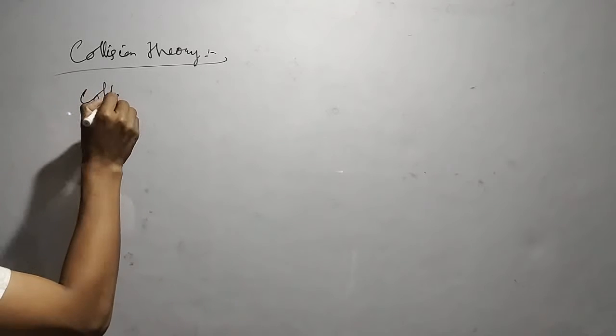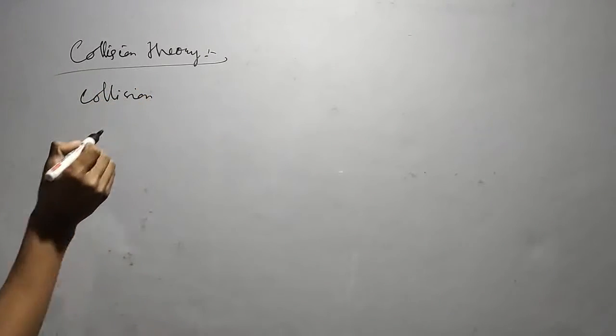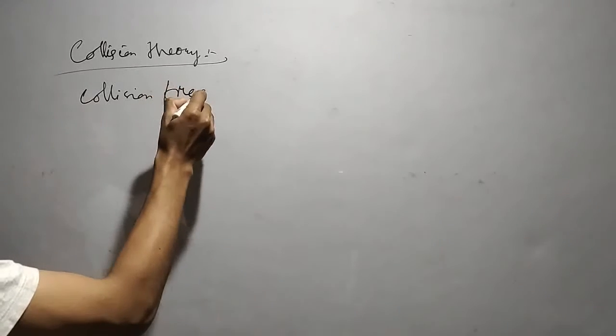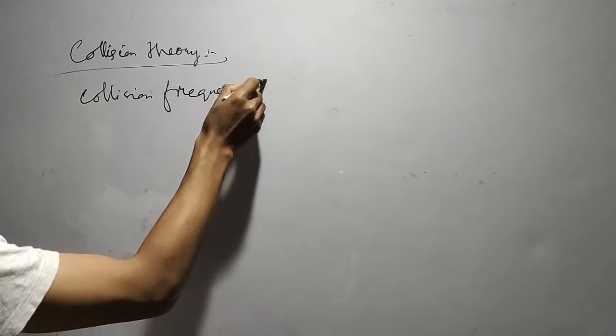The first term is collision frequency, denoted by Z. The number of collisions that take place per second per unit volume of the reaction mixture is called collision frequency.